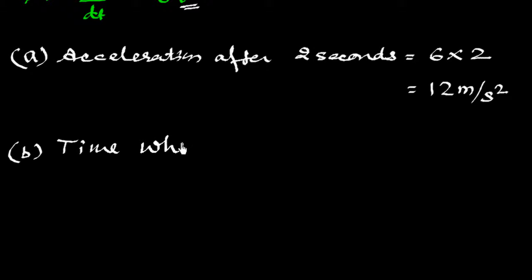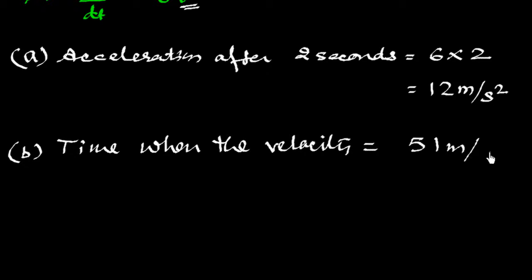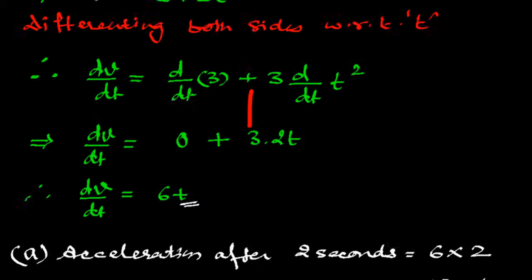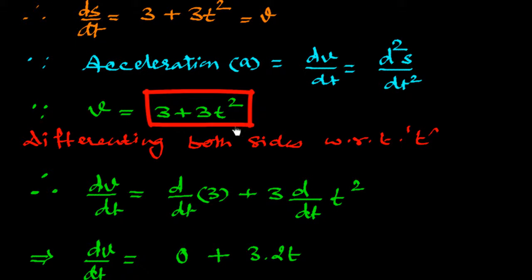Time when the velocity is equal to 51 meter per second. So here I explain, because v is equal to, we have got the equation for v, which is 3 plus 3t square.